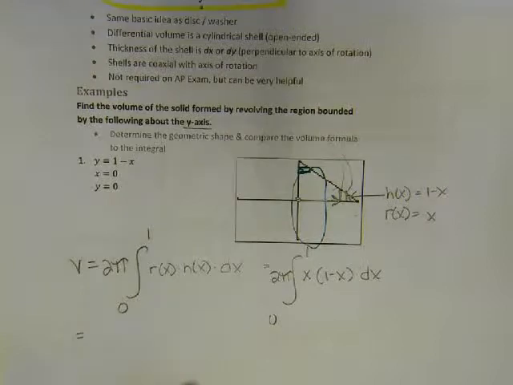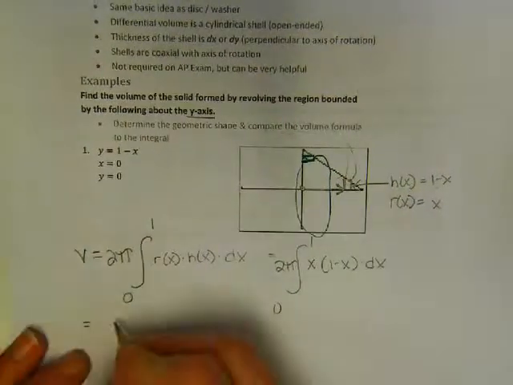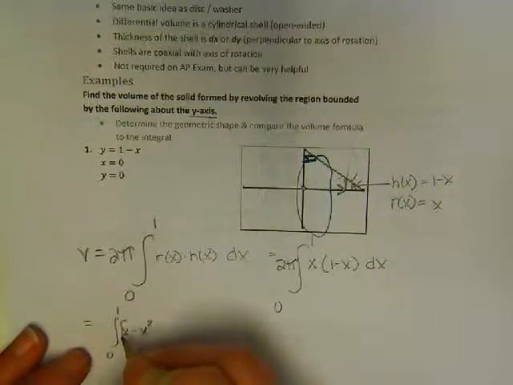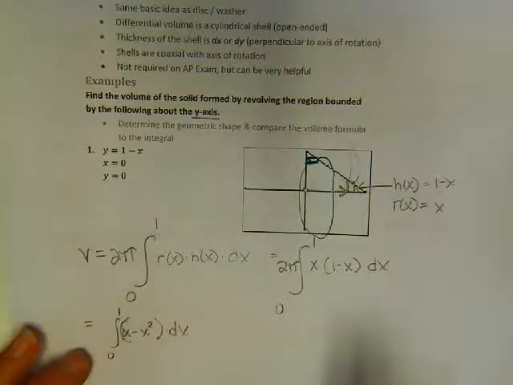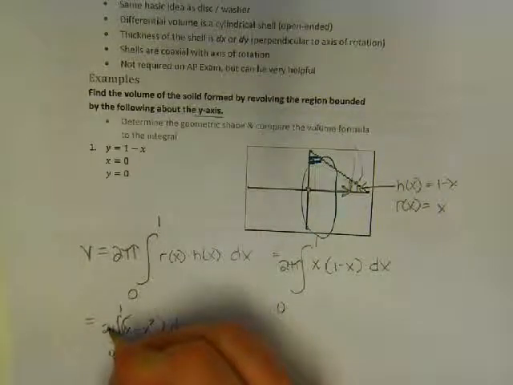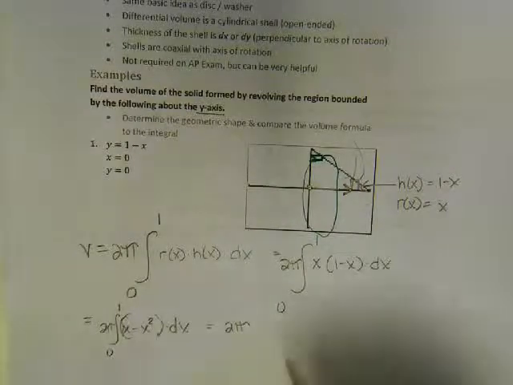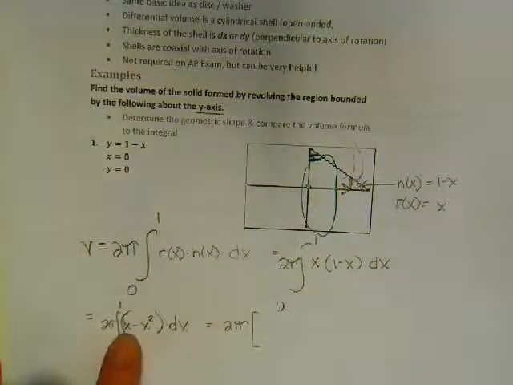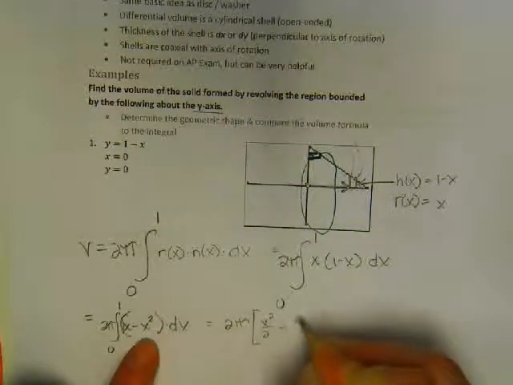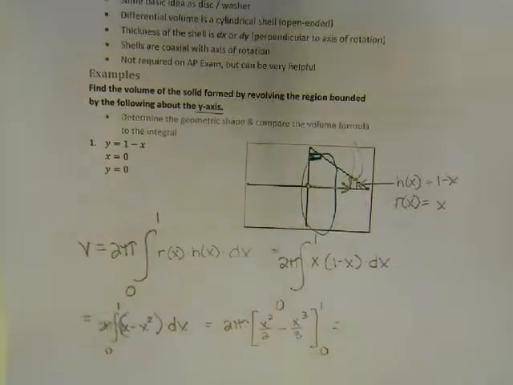We're good with that. Let's distribute. This is going to be the integral from 0 to 1 of x minus x squared dx. I just distributed that. And let's now integrate. There's a 2 pi in front, because we're doing the surface area of the shells. X squared over 2 minus x cubed over 3, from 0 to 1. We following that? Okay.